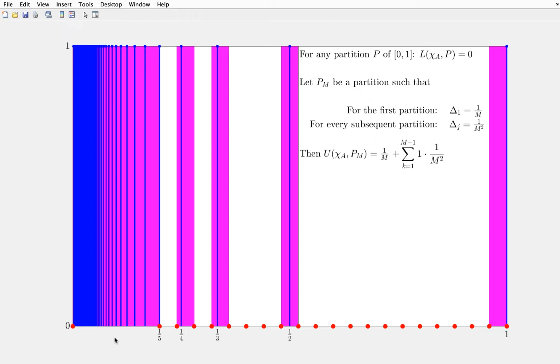So we're adding to 1 over m the sum of rectangles whose height is 1 and whose width is 1 over m squared, and there's m minus 1 of them. Well, that's equal to 1 over m plus m minus 1 over m squared, because notice that what's being summed doesn't depend on k, so it's just 1 over m squared times however many there are, m minus 1. And that goes to 0 as m goes to infinity.